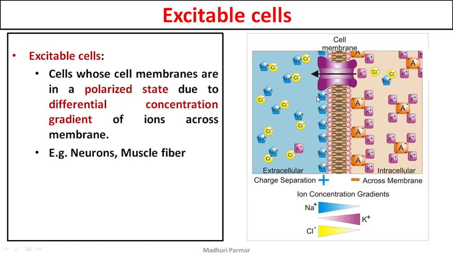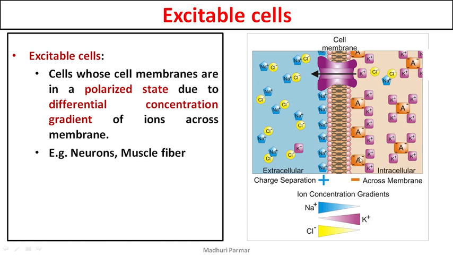So the cell membranes of your excitable cells are polarized. Why are they polarized? They are polarized due to differential concentration of ions across the membrane. Now focus here again. You can see that Na+ is present on the extracellular side, which is outside the cell. So the outside of the cell is positive, because there is a lot of sodium ions present outside.